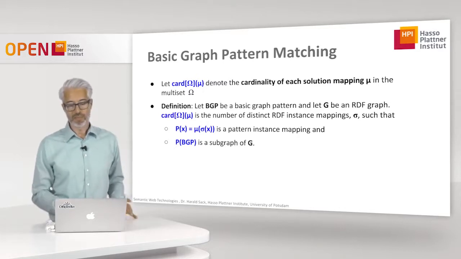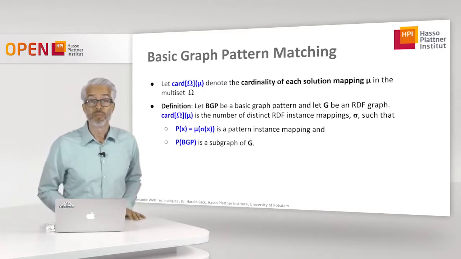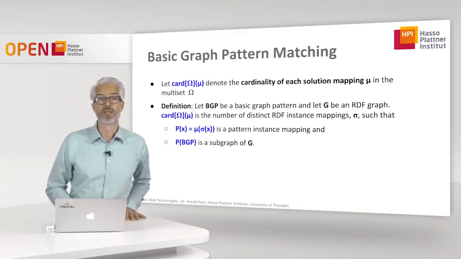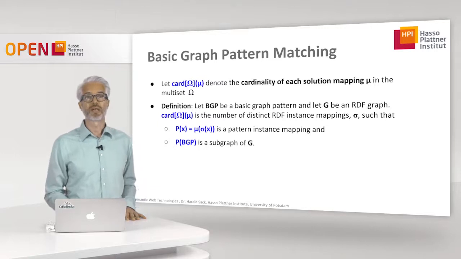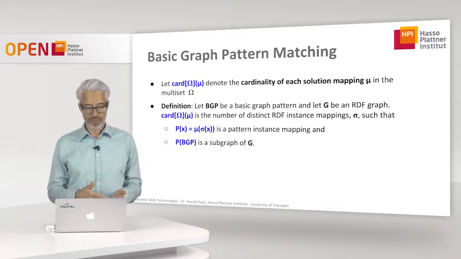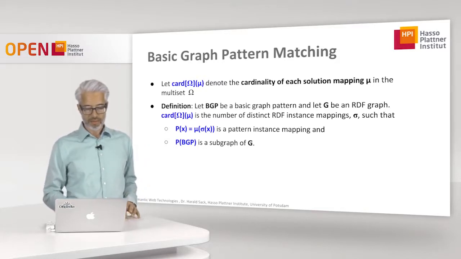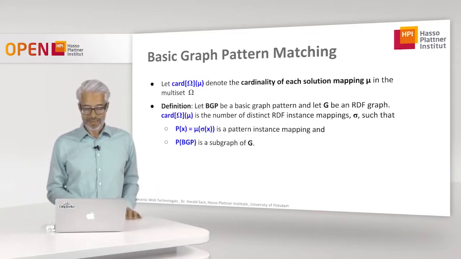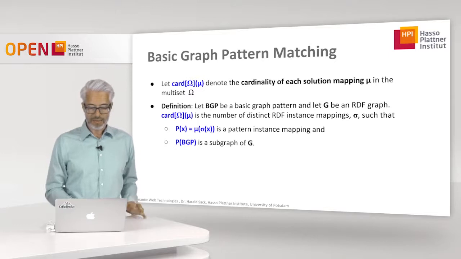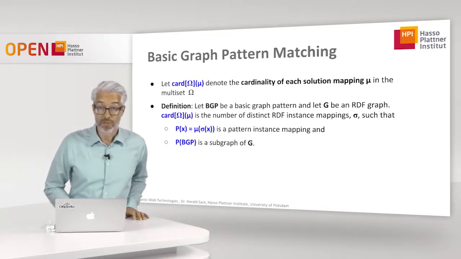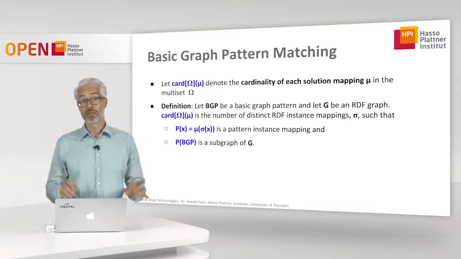Let BGP be a basic graph pattern and let G be an RDF graph. Then the cardinality of each solution mapping mu in the multiset omega is the number of distinct RDF instance mappings sigma, such that this is exactly a pattern instance mapping and P of BGP is a subgraph of G. But this is only the formal definition.